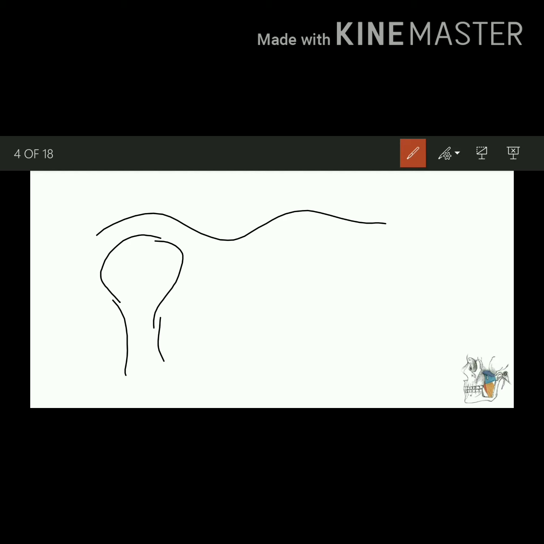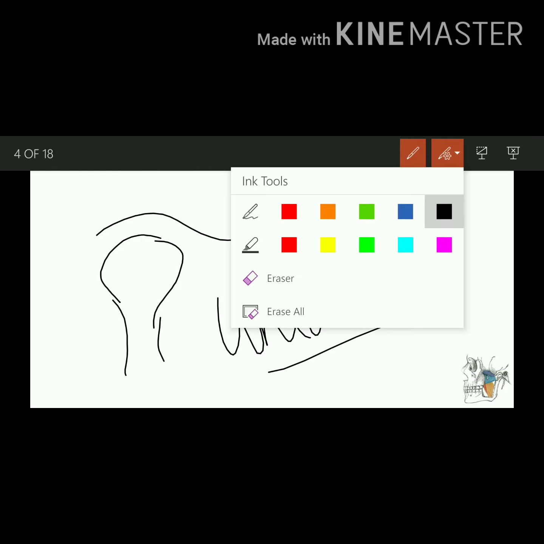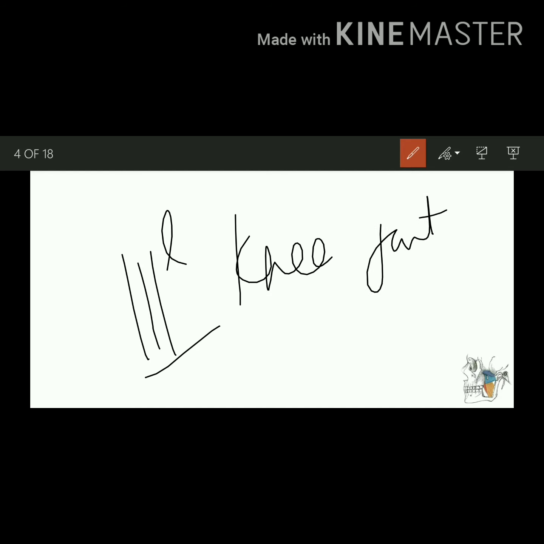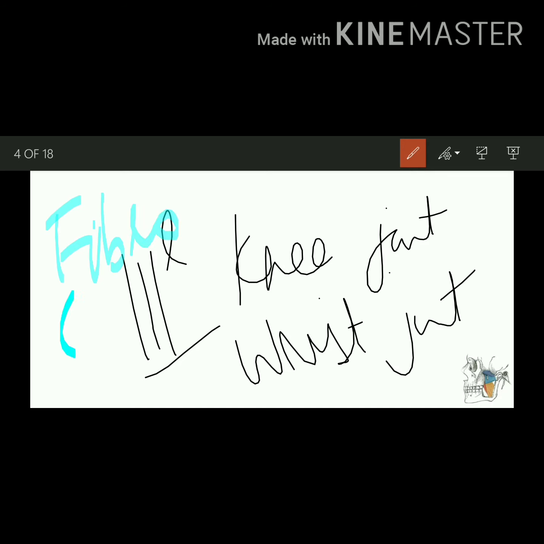The action is uniaxial. This is similar to the knee joint and wrist joint, but differing from the knee joint by the fibrocartilage lining of the articular surface.